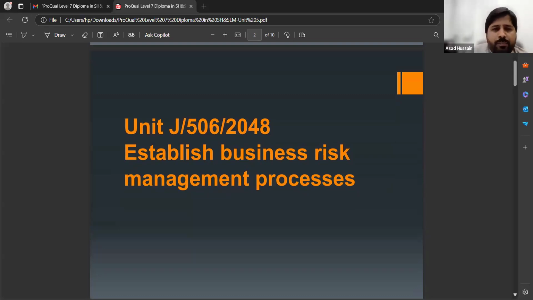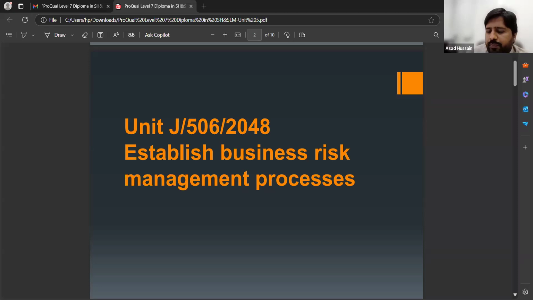I just want to give you brief information about this number: these qualifications are Ofqual regulated, so this is the unit number with which it is registered with Ofqual. The unit name is Establish Business Risk Management Processes.